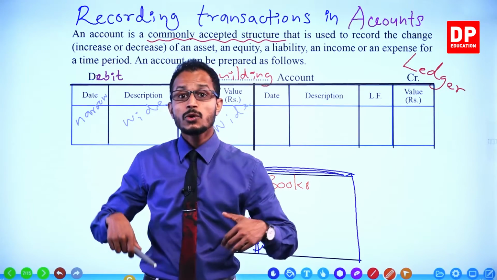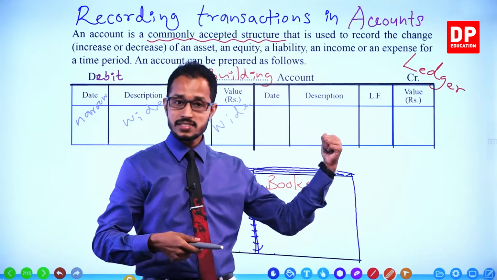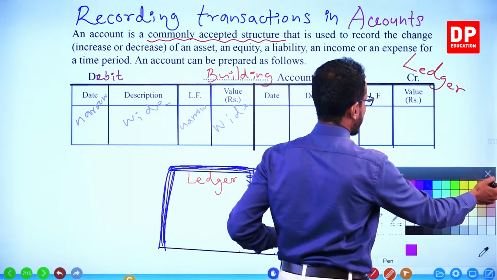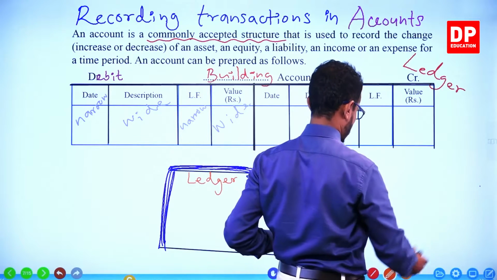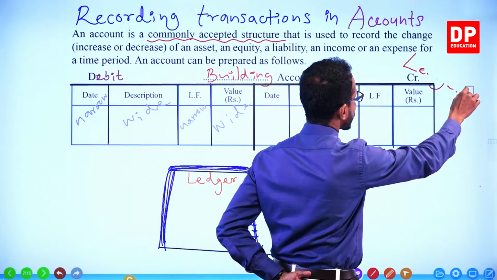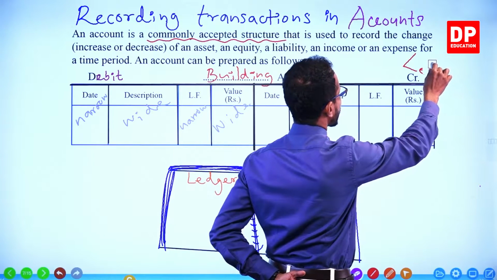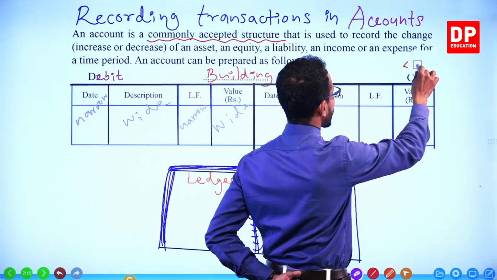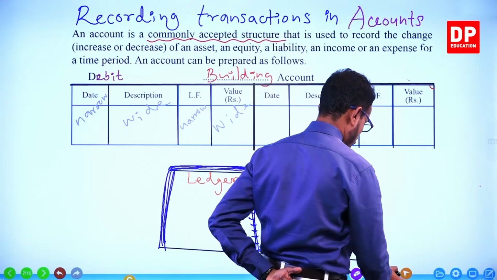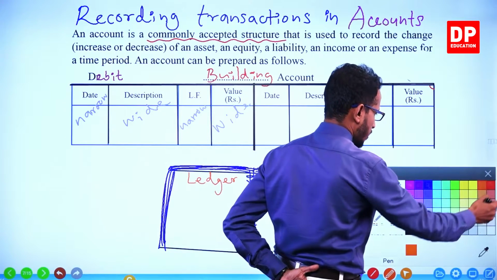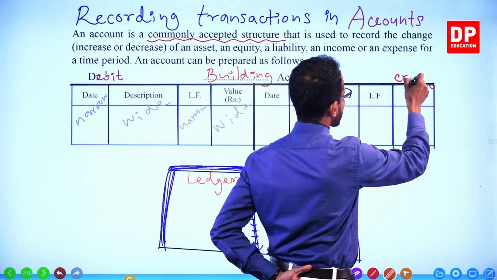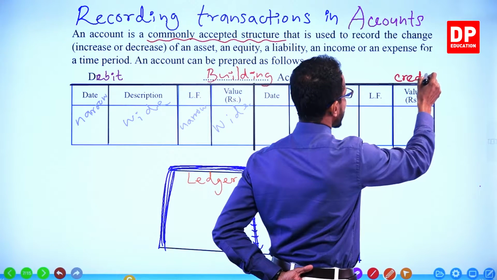And we call the right hand side the credit side. We call the left hand side debit and the right hand side we call credit.